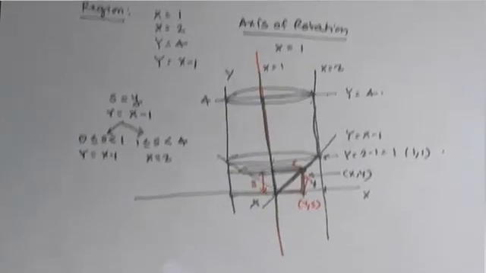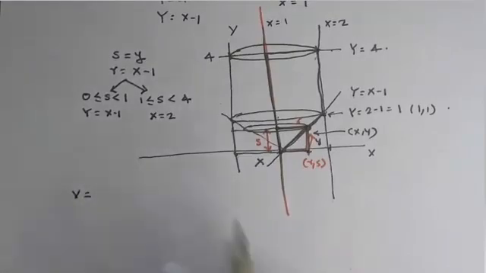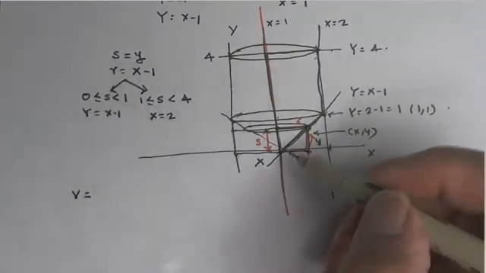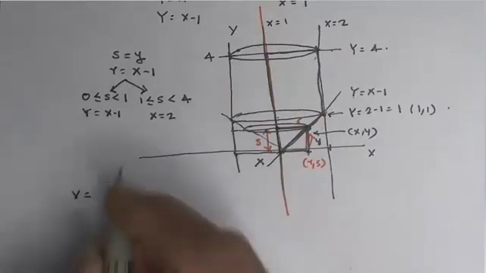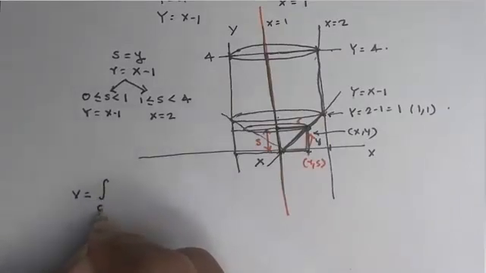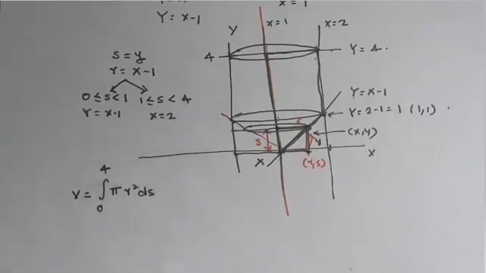Okay, so let's do the volume. Oh, I need the limits of s also. So the limits, since s is y, the limits of s are the limits of y. The smallest y is 0, the largest y is 4. So 0 to 4, pi r squared ds.